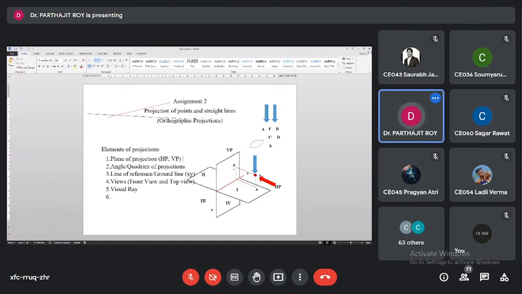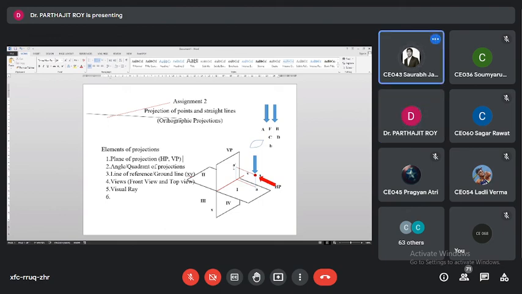It is a ray connecting the eye of the observer and the actual point to be observed and its extension up to the plane of projection. Is it okay? Yes, sir. So we have a horizontal visual ray, we have a vertical visual ray accordingly, isn't it?